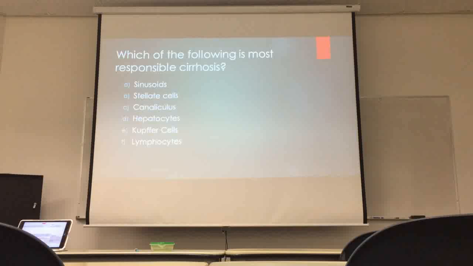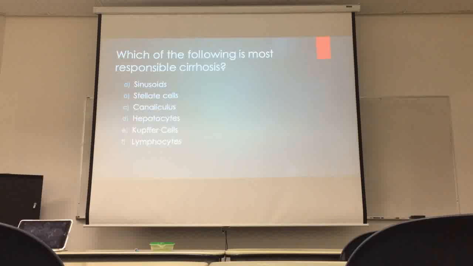Hepatocytes produce bile, sure, and transport stuff in from the blood, the primary metabolism, things like that. Kupffer cells are macrophages, and you can have deposition like hemosiderin in those Kupffer cells.